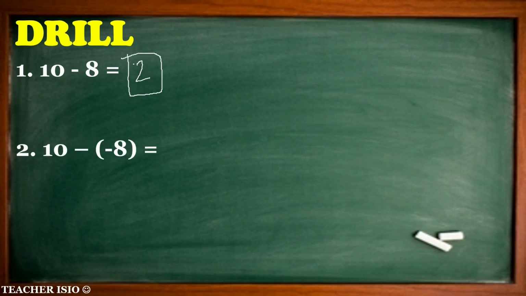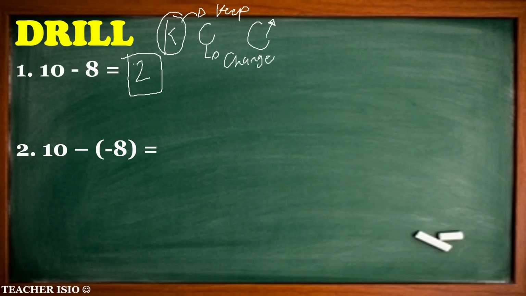Next, how about 10 minus negative 8? If you remember, when we subtract integers, we use the KCC method, where K stands for keep, the first C stands for change, and the other C stands for change.